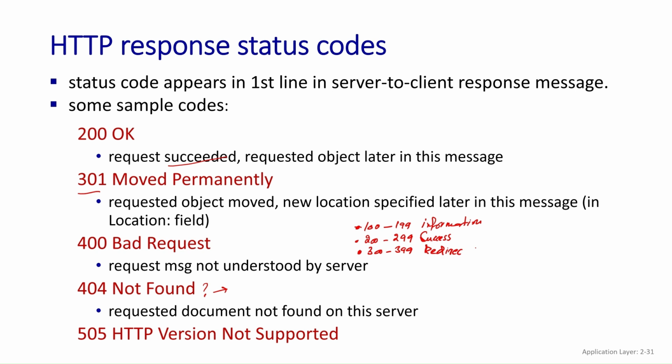And from 400 to 499, it indicates client errors. For example, 400 is telling me it's a bad request, or the requested object is not found. So these are client errors.